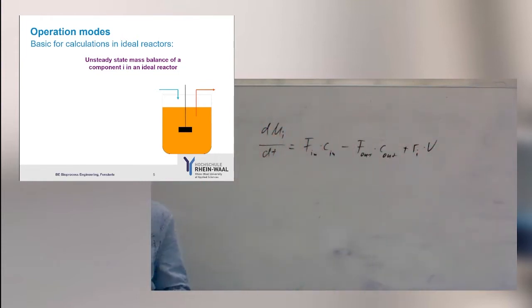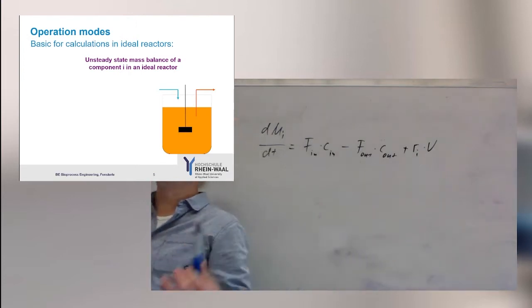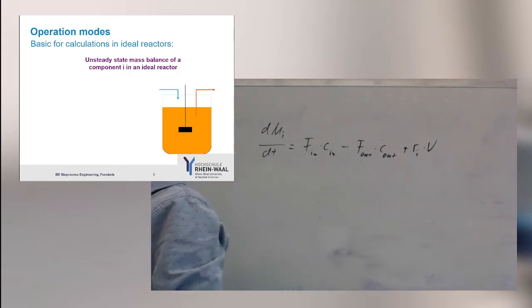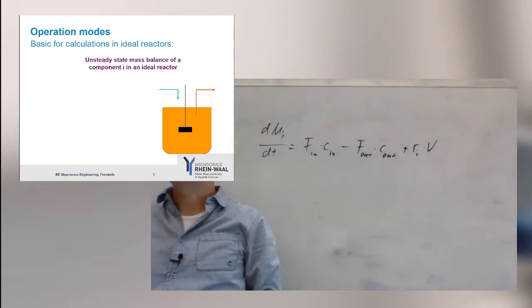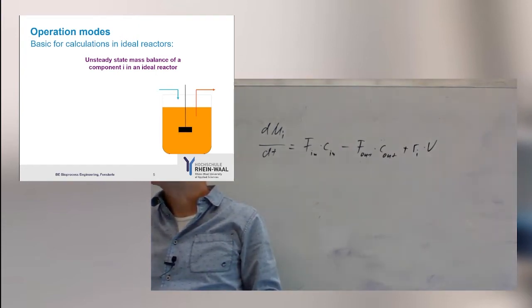Yeah? So this is my general mass balance here. Of course, I can also have degradation, but why don't I usually put here minus degraded? Because in a bioprocess, usually I have either degradation or production. So it's fine if I put this term here.